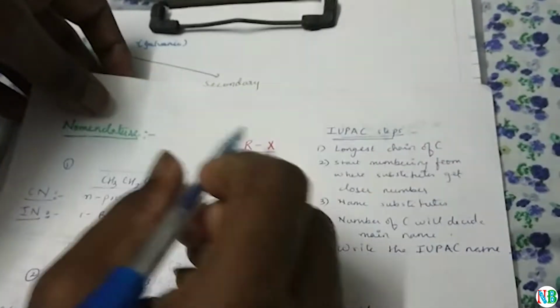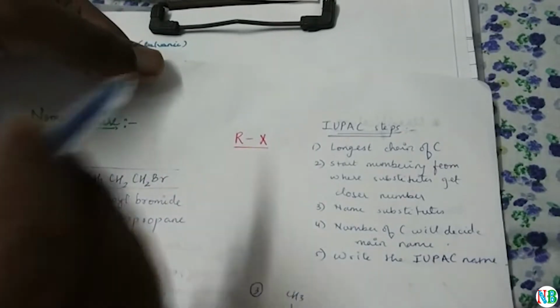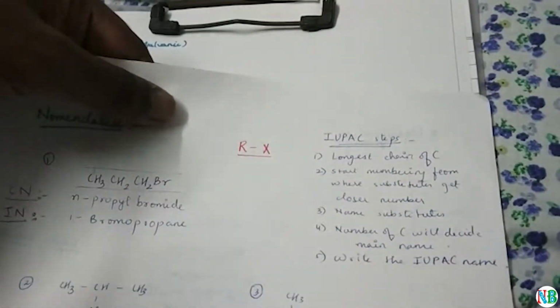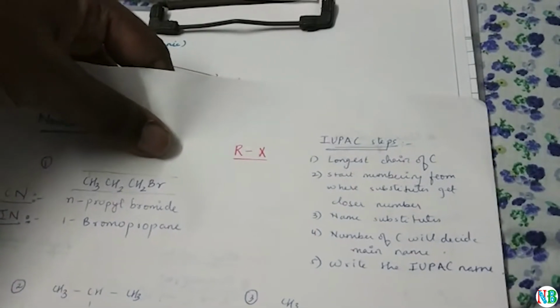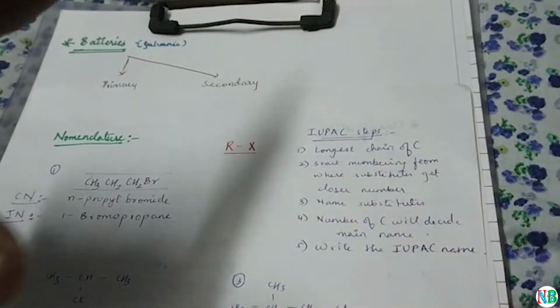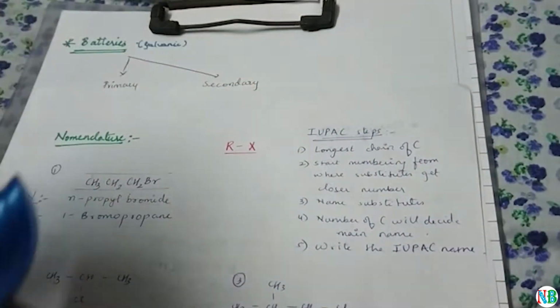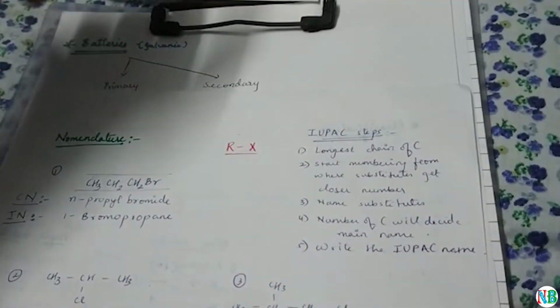As we know, haloalkanes are R-X, where R stands for our alkyl group and X stands for our halogen. So now when I have a haloalkane, how do I name it? That is what we're going to be studying today. We have two different nomenclatures, one is the common name and the other is the IUPAC name. The common name is much simpler.